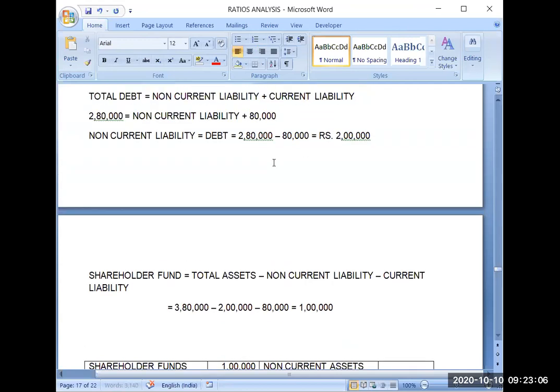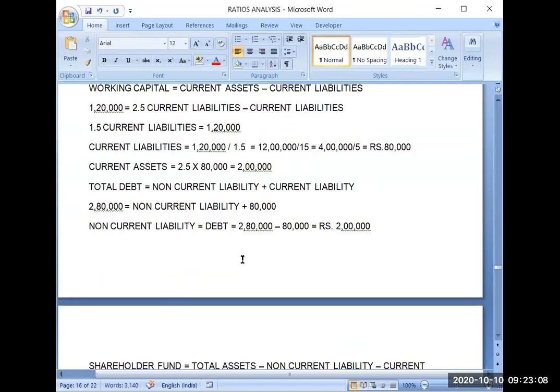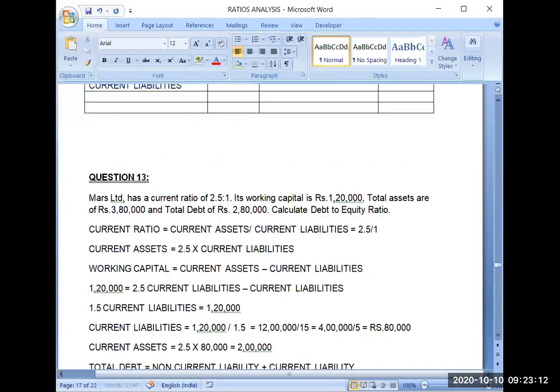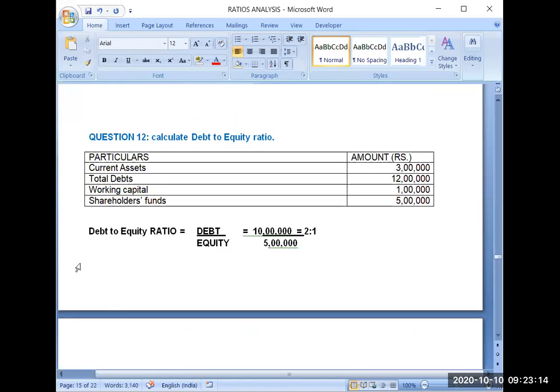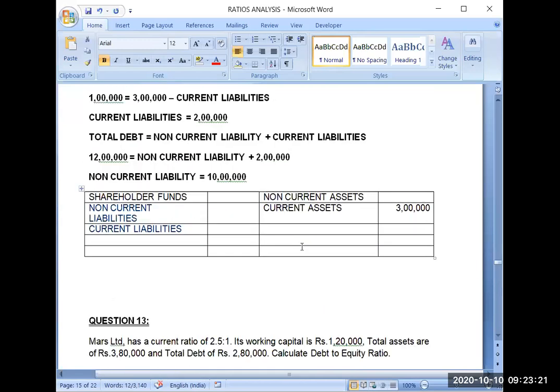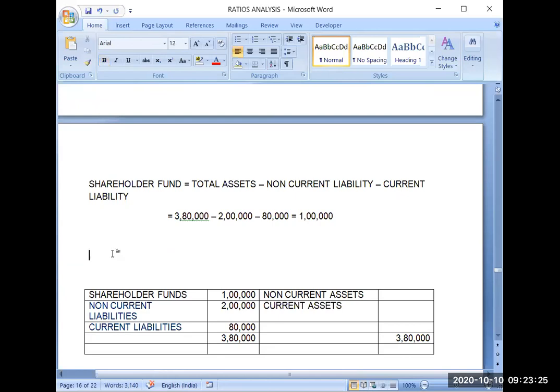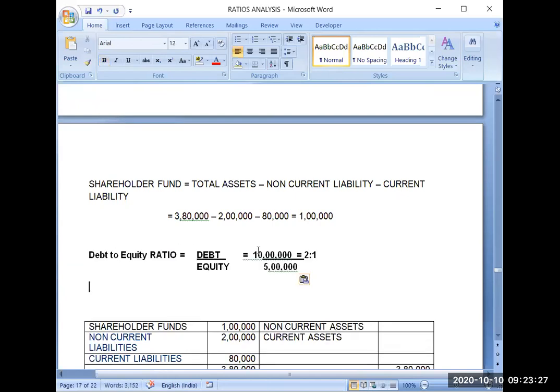Now I have calculated both the values, debt also and equity also. So I can calculate now debt equity ratio. So debt equity ratio, I will copy the formula, so debt upon equity.